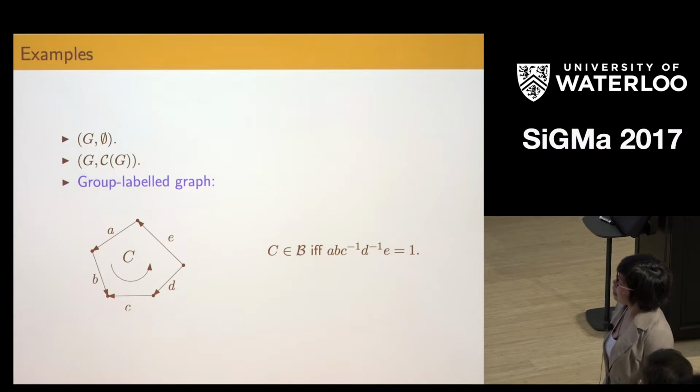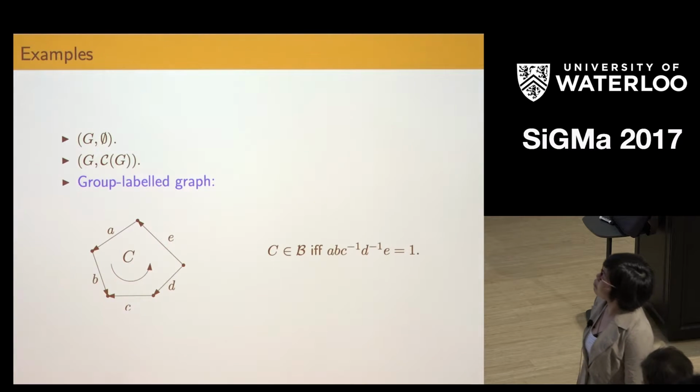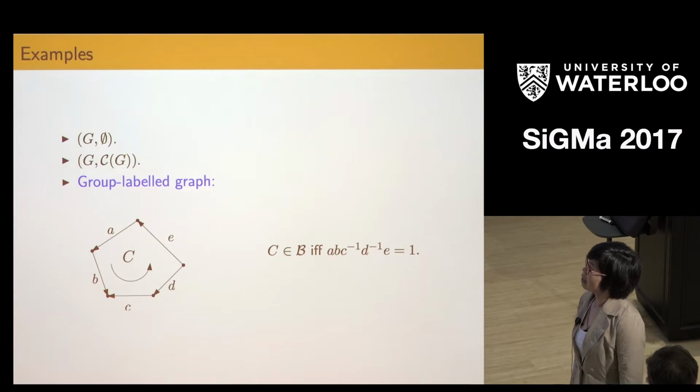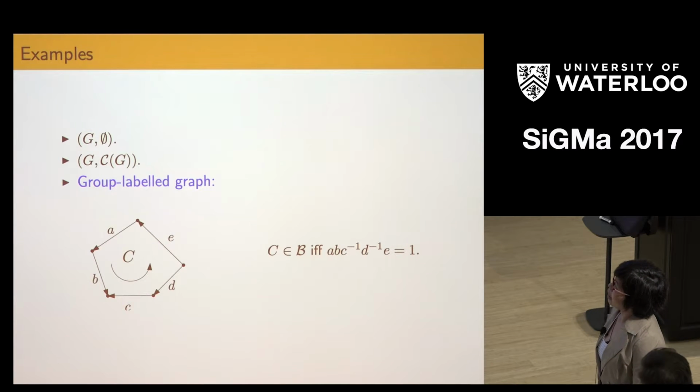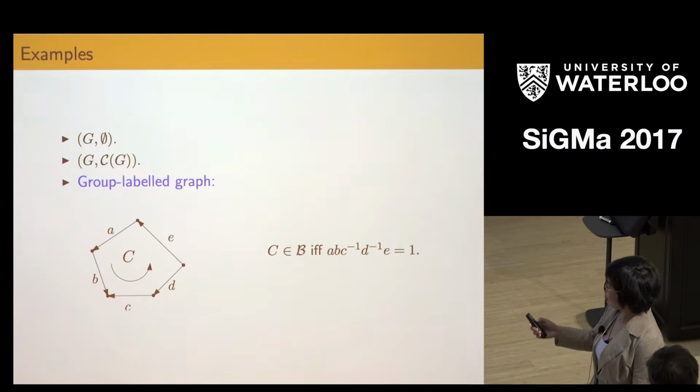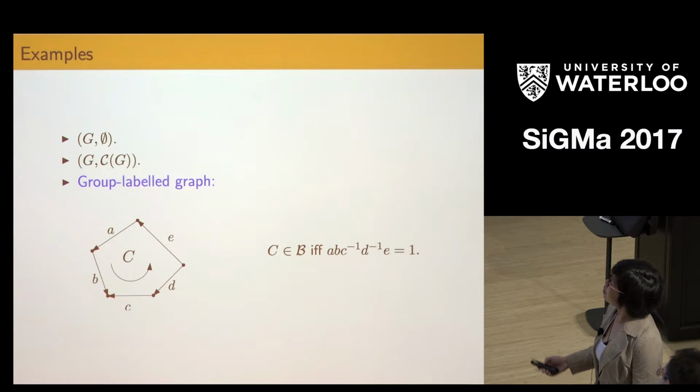If the product of labels on the clockwise oriented edges is equal to the group product of labels on the counterclockwise oriented edges, then we put the cycle in B. I give a picture of this. This is an example.